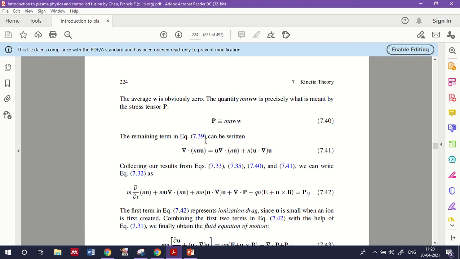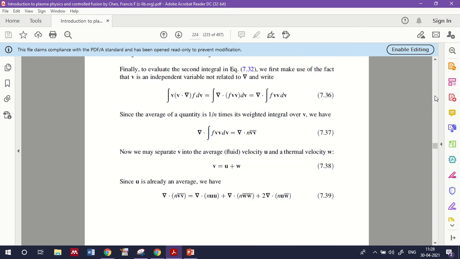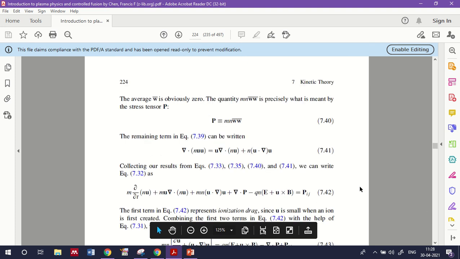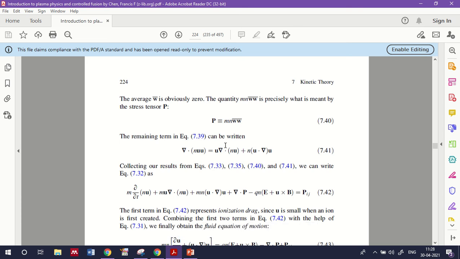Now all the terms in the equation above, 7.39, we can write like this: del dot n u bar is equal to u dot n u, plus n u dot delta u.